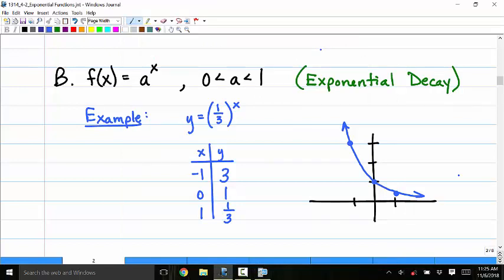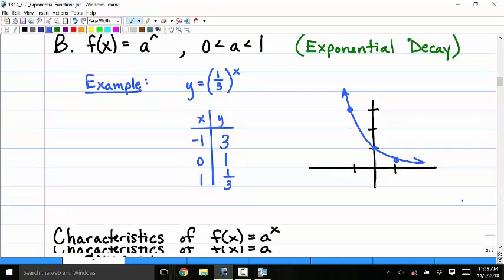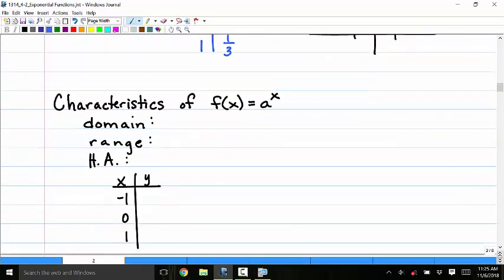Okay, some characteristics of exponential functions, both growth and decay. What's the domain here? What x's can you plug in? Anything, right? So all reals. So some characteristics. The domain is going to be all real numbers.